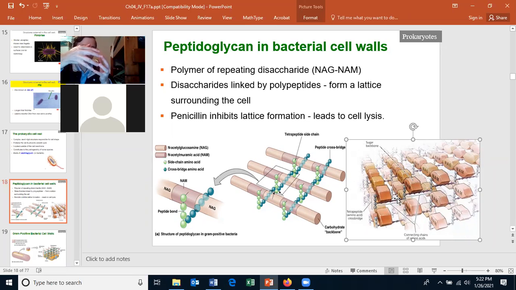I'm trying to show you holes with my fingers. So this is peptidoglycan, and normally it has cross-links and all sorts of things. And there's a hole right there, and out of that hole the cell membrane can protrude. And as more water comes into the cell, the cell membrane expands out of that hole until the cell membrane eventually bursts through that hole in the cell wall. And that's how penicillin and other antibiotics that work in a similar way damage the cell. Any question about any of that?